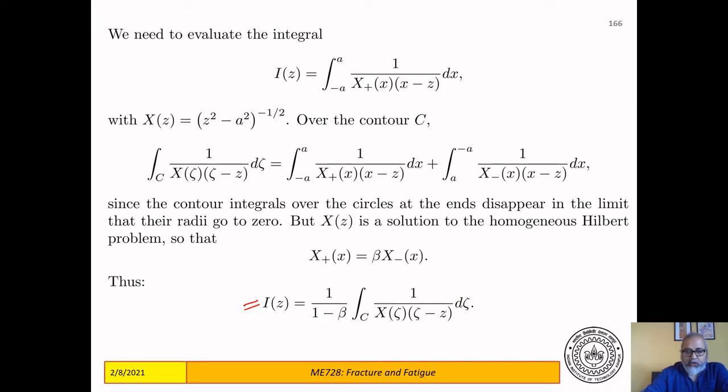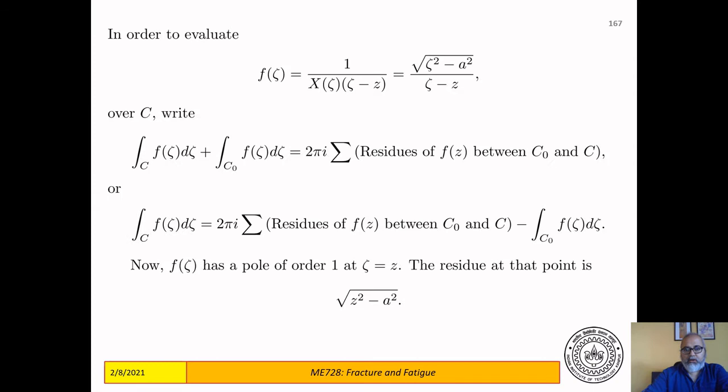So now let us write the whole contour integral. We will remember that X we have already found as 1 by root over zeta square minus a square. So the function that we are evaluating is root over zeta square minus a square by zeta minus z.